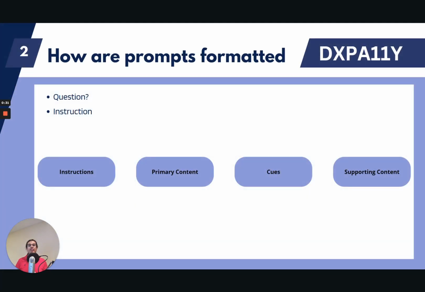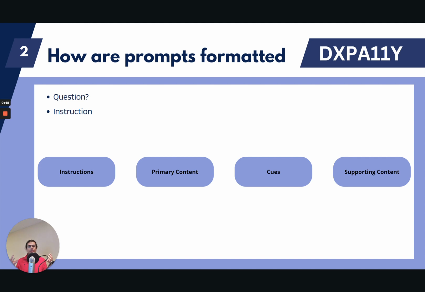You may remember from last time that we said there are 4 different types of prompts that are really important: instructions, primary content, cues, and supporting content. Instructions are really what you're asking it to do. So it can be a question or a specific ask, or a task you're asking it.